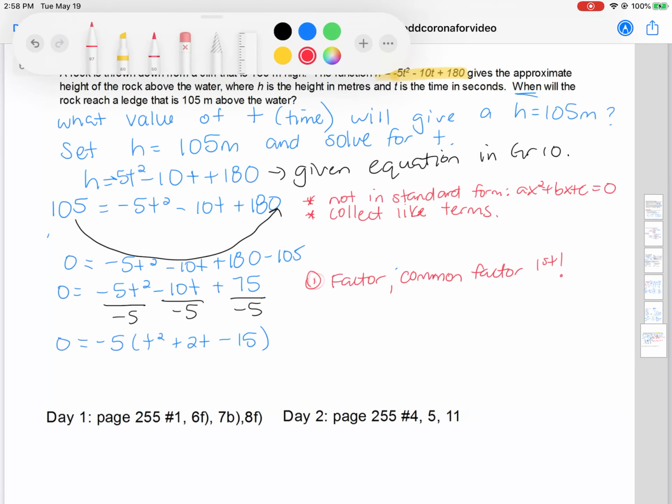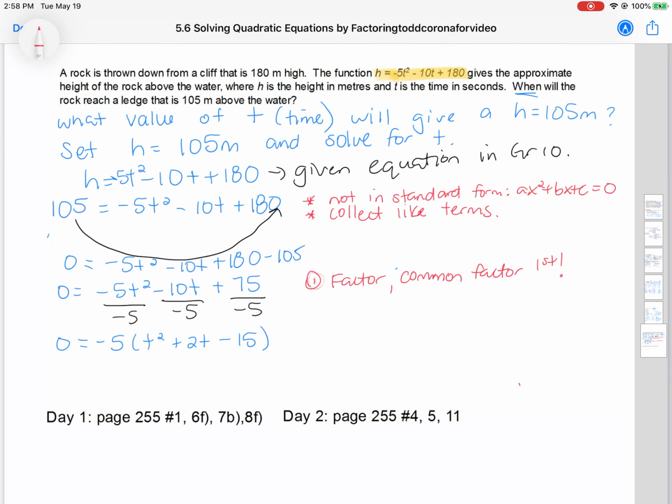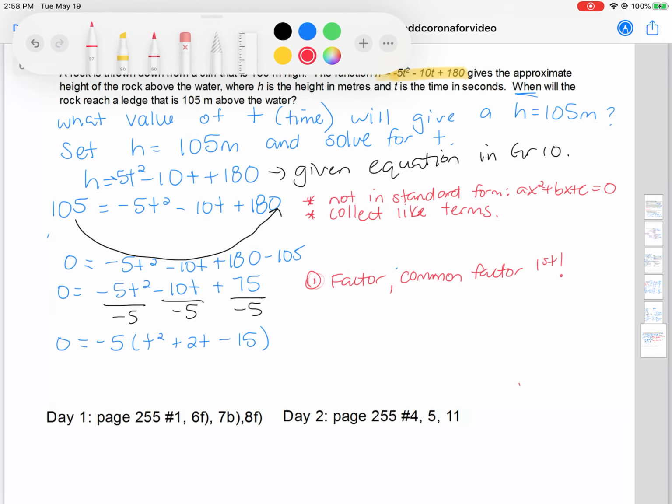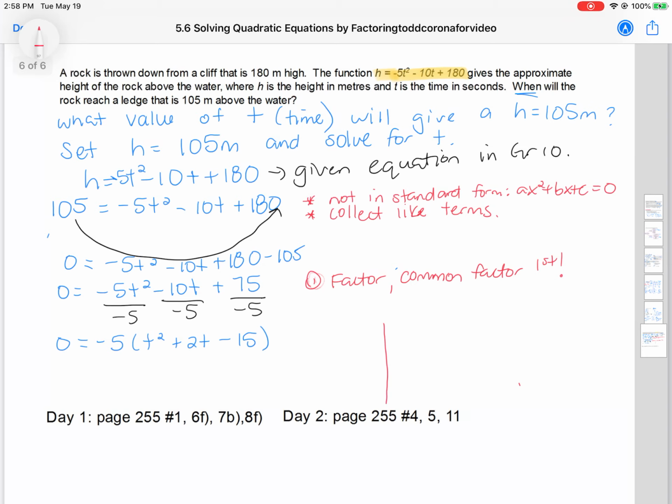And now we have this equation inside that's so much easier to work with. Common factoring at first, you feel like, oh, I forgot to common factor, and it's annoying, but it's not, right? Now it's made our equation a little bit easier.